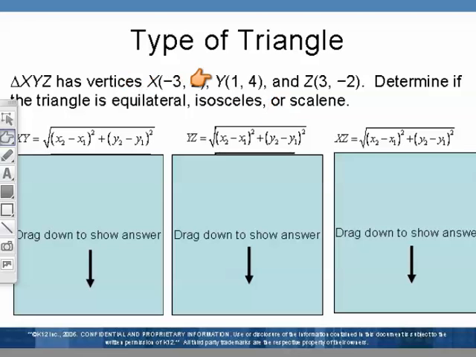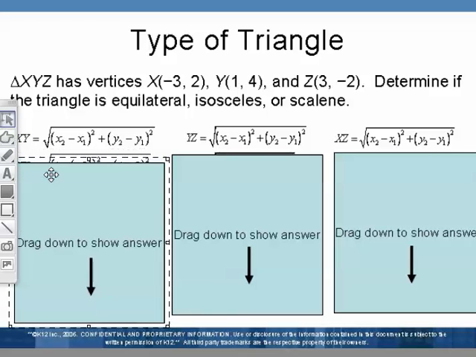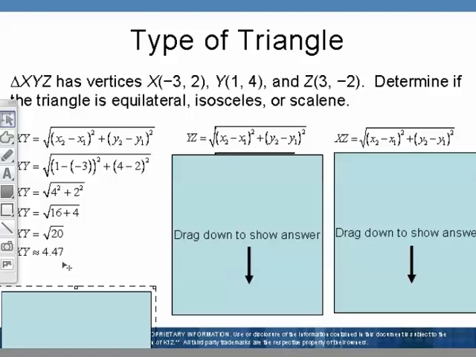I've got x and y and z. I'm going to take x and y, and I'm going to find the distance from x to y. When I do that and solve it down, I get 4.47 approximately. I'm going to find the distance from y to z.